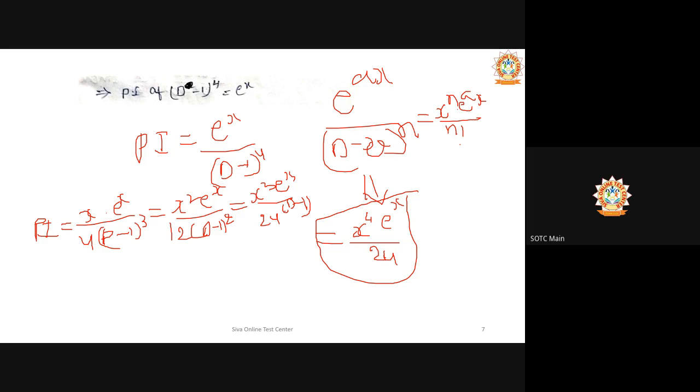Now again substitute, it will become 0. Again multiplying the numerator, x power 4 into e power x divided by 24 into differentiation of D minus 1, which will become 1 now. So now this is also your answer. Both are same, right? Yes, sir. Sometimes the formula is easy, sometimes this shortcut is easy, right?